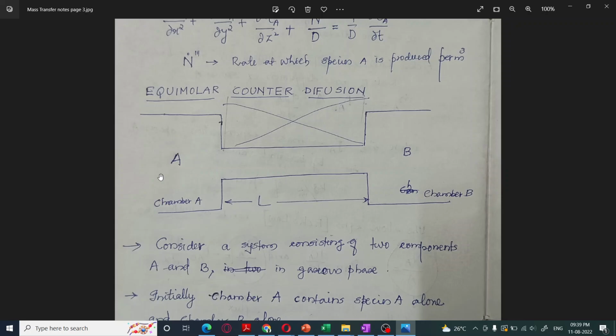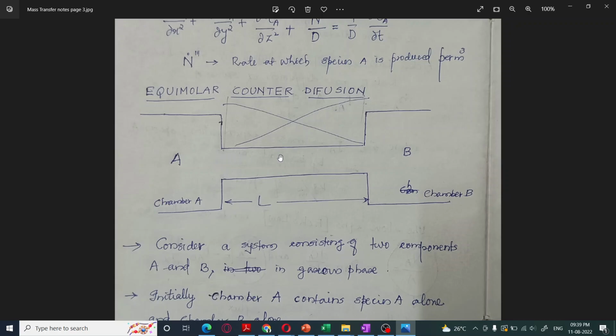So initially the left side will have a concentration Ca, and the right side will have the concentration of B, Cb. These are to be equal. The number of moles of A and the number of moles of B in each of these initially are equal.